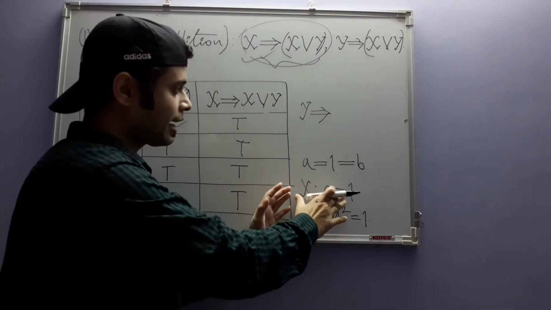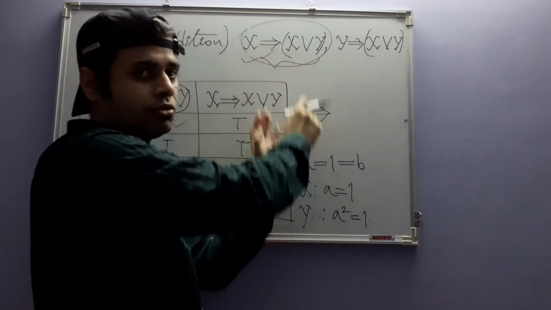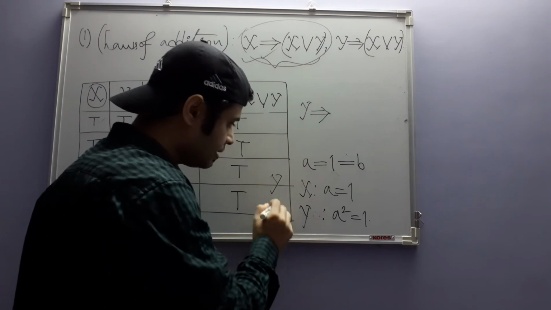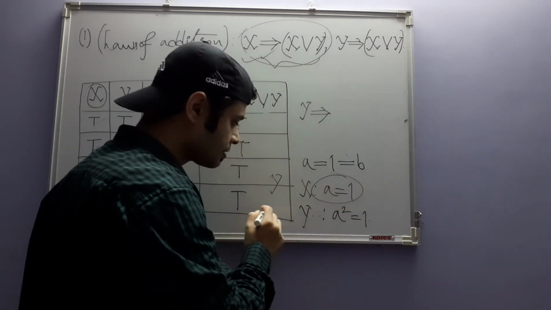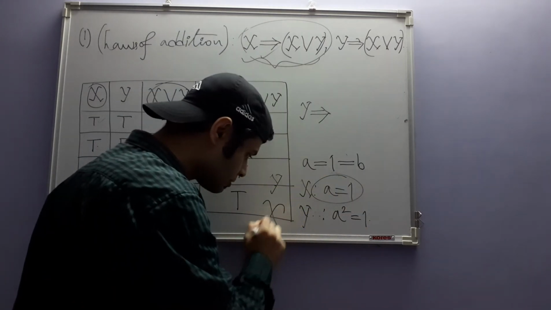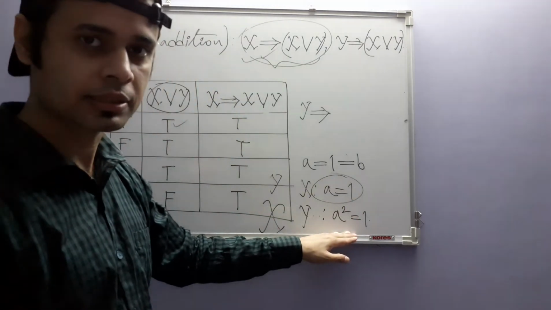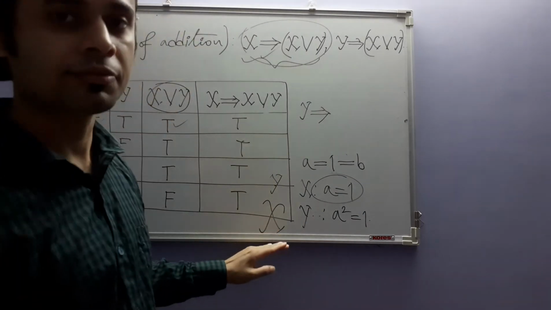Now, if you have something like this involving x and y, will the thing change if I call this one x, y and this one x? Nothing will change because the statements continue to be the same, only the names have changed.